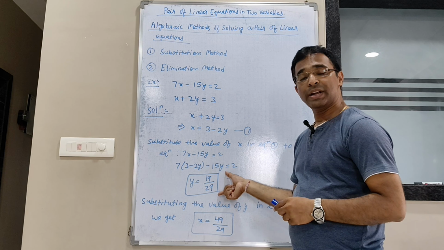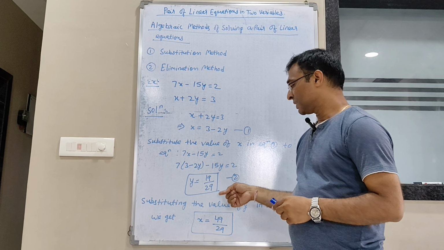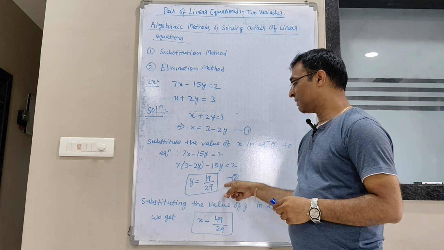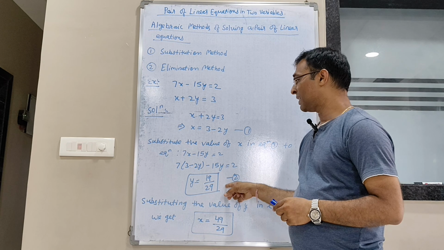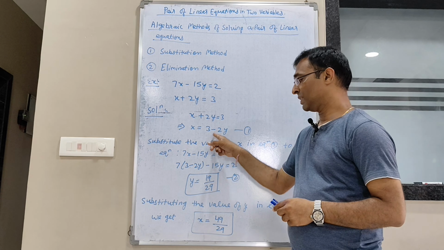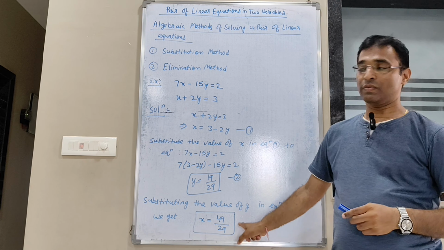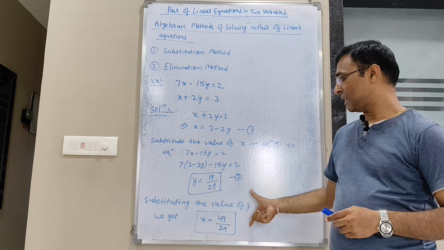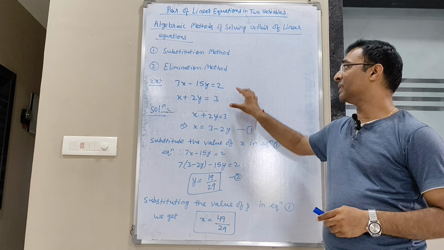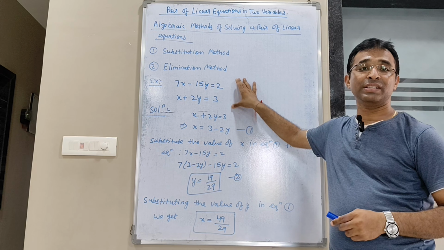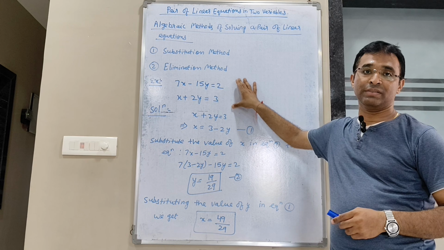You will get the value 19 upon 29. Now putting this value of y in equation 1, we will get the value of x. So for these values of x and y, the linear equations will be satisfied.